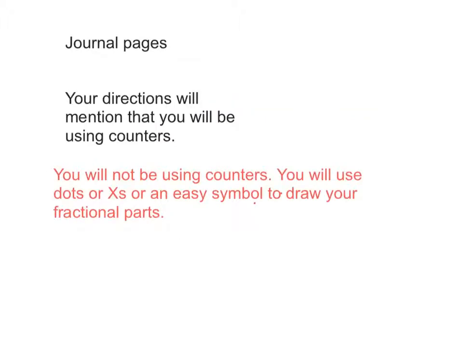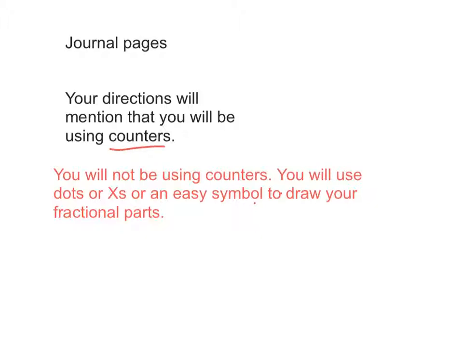So that was a basic overview of some fractional ideas that we need to make sure we've got straight before working and thinking about fractions. Today we'll have some journal pages to work on, so look for the directions in class about that. I do have to say that on one of the pages, your directions will mention that you will be using counters. We're not going to use counters like objects to move around.